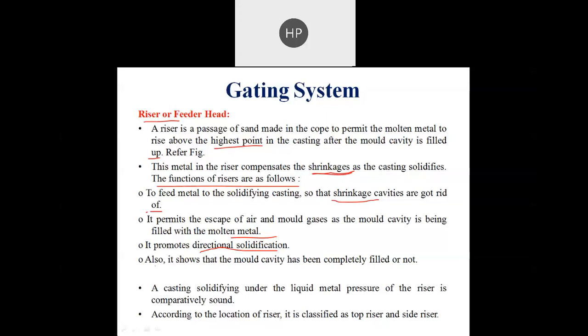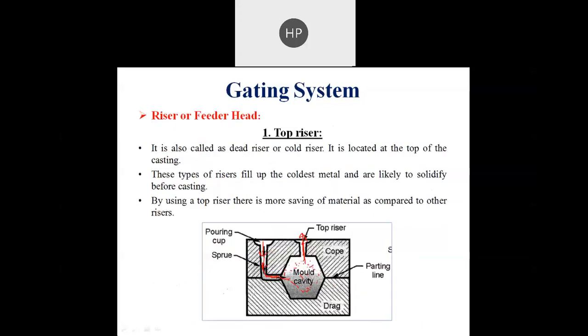Also, it shows whether the mold cavity has been completely filled or not. If the molten metal is not completely filled, then no metal is going to rise here.